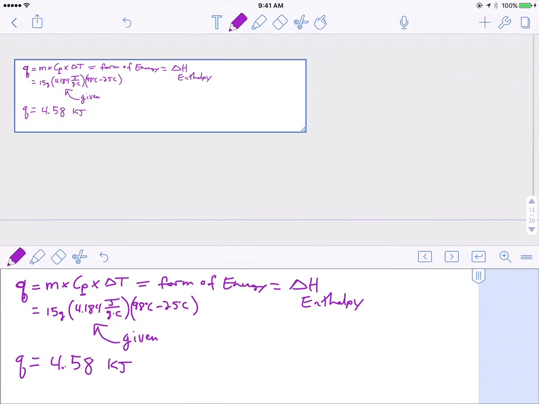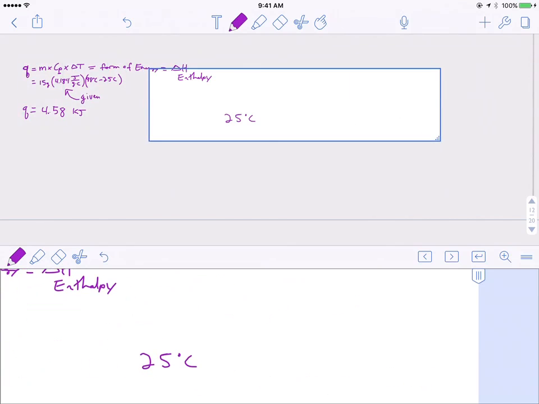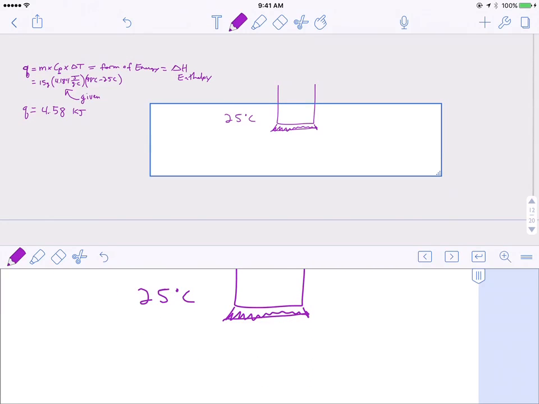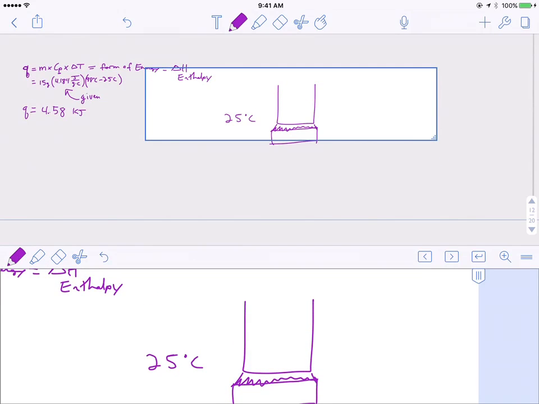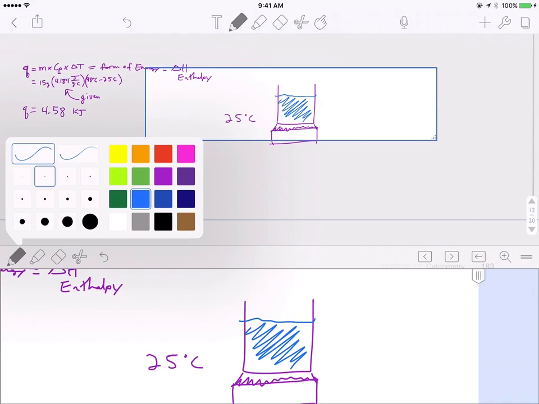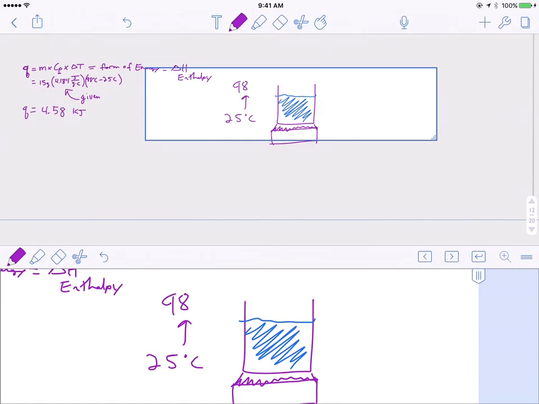And this makes sense because if I'm going to go from a temperature initially of 25 degrees Celsius in this beaker of water, if I have a beaker under a little stove, and went from a temperature of 25 degrees up to 98 degrees, obviously I had to add heat somewhere, right?